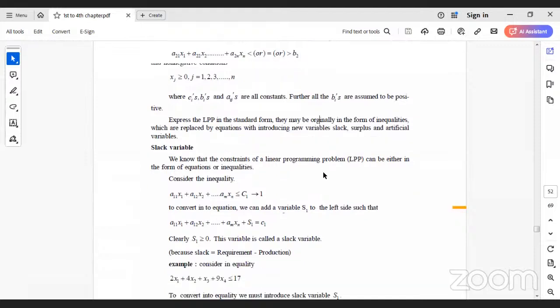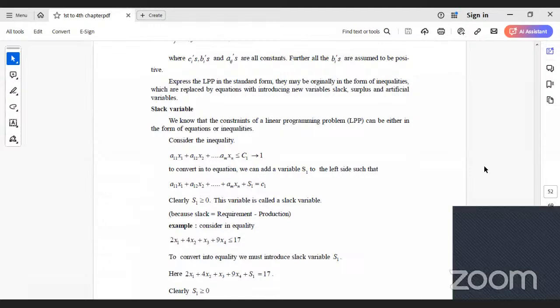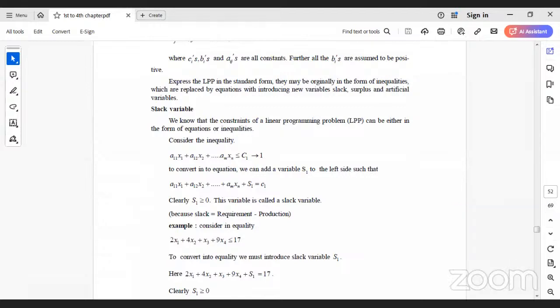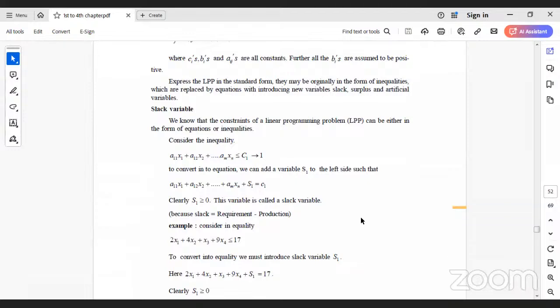So slack variable: we know the constraints of the linear programming from the equation of our inequalities. Consider inequality a11 x1, a12 x2, and so on am xn less than or equal to c1. That is equation 1. To convert it, we add a variable on the left side, such that a11 x1, a12 x2, and so on plus s1 is equal to c1.